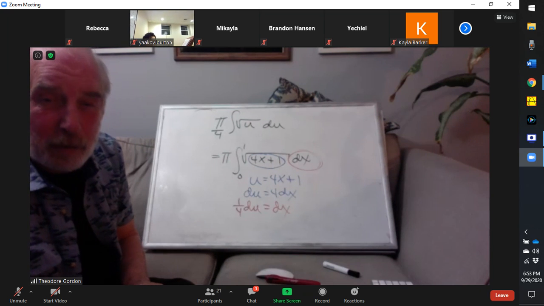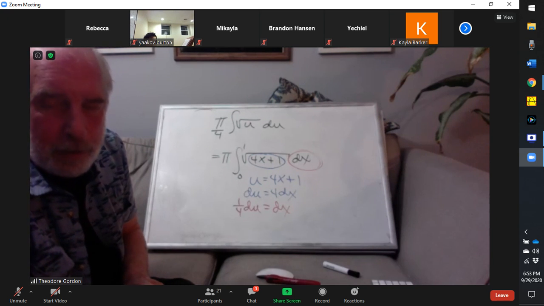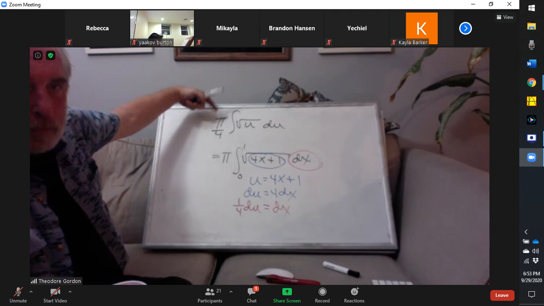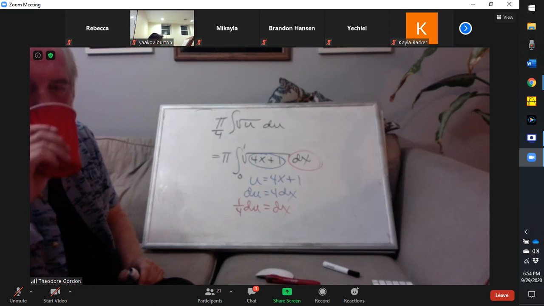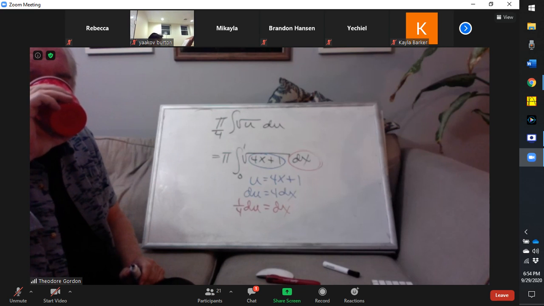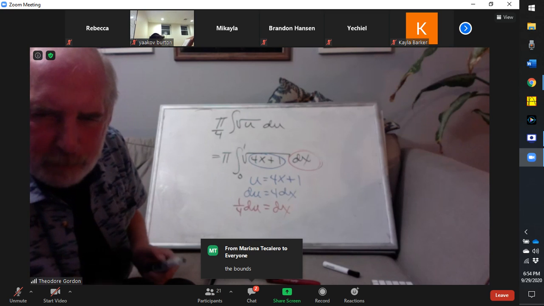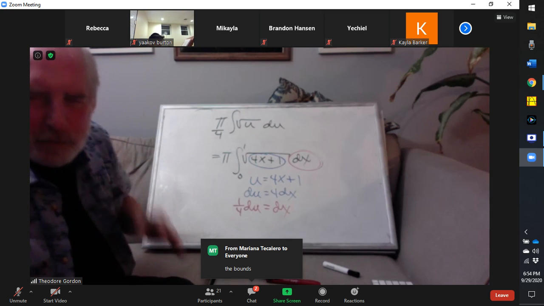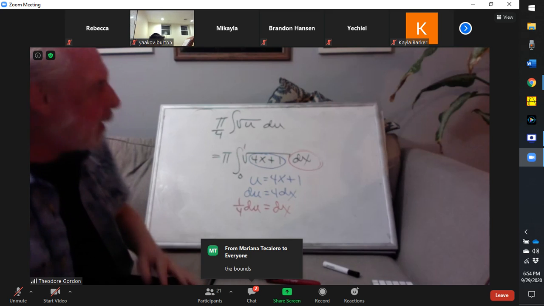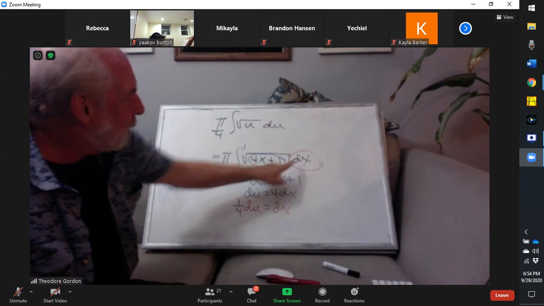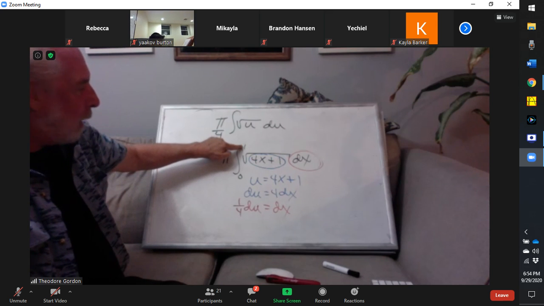Which looks pretty straightforward. But there's one other thing I have to do yet. What's missing up here? What's missing on that integral? The interval. Yep, the bounds, exactly. The bounds are missing on there. Mariana, yes, good one. Since this integral is in terms of x, these are x values.